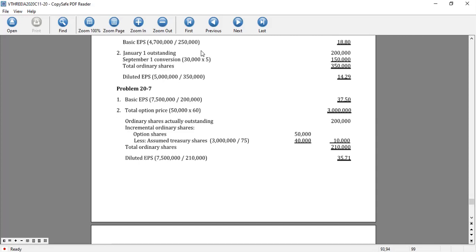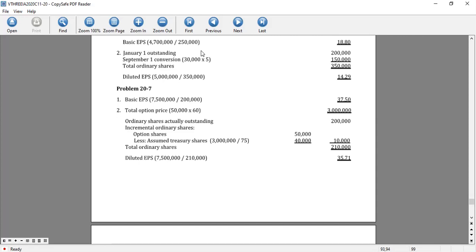In requirement 2, compute for diluted earnings per share. First we determine the option price and the ordinary shares actually outstanding. Then we have the incremental ordinary shares, the option shares, and the assumed treasury shares: 3,000 divided by 75. So you get the ordinary shares of 210,000.